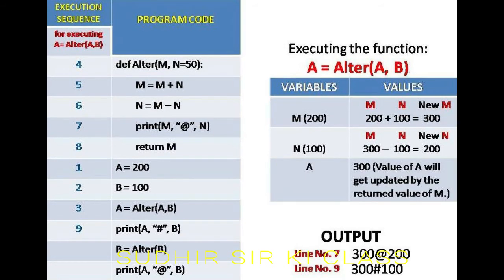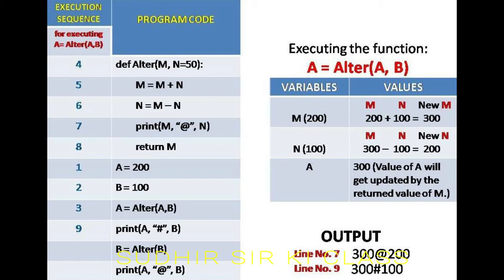Now, after this, we will come to line number 9, which is again a print statement printing the values of A and B with a hash sign in between. So the value of A will be 300. As I have told you earlier that the value of A is now changed and it is 300. And the value of B is 100. So we are printing 300 hash 100.